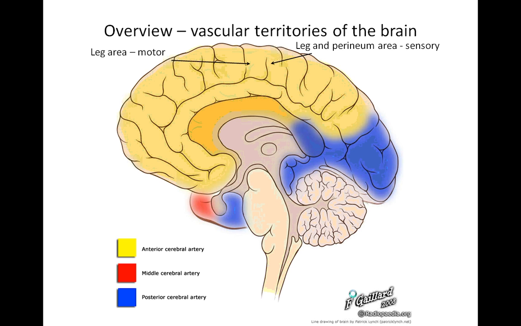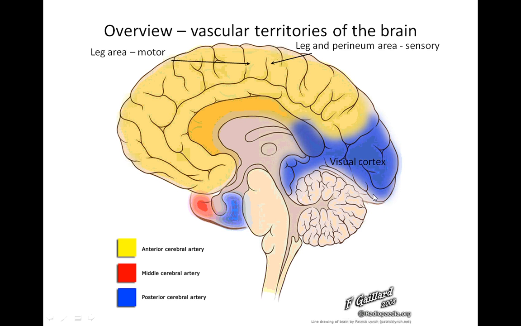It supplies the medial surface of the occipital and temporal lobes. The major functional area supplied here is the visual cortex. However, the occipital pole is somewhat spared by the middle cerebral artery creeping around from the lateral surface of the hemisphere.